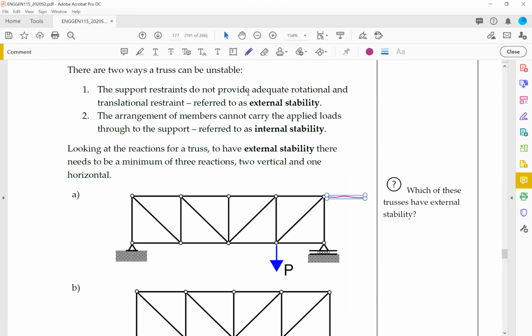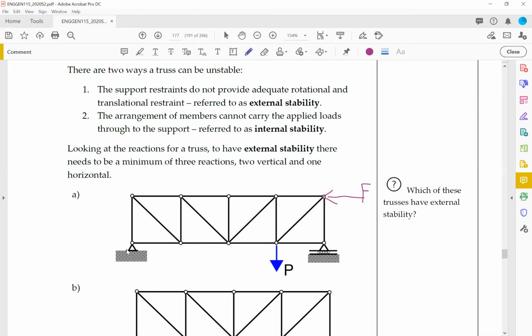So in this example, I'm going to apply a load F going sideways. Now this is an external load alongside this other external load P. Now external stability is where the stability of the structure is provided by the reactions or the supports of that structure.